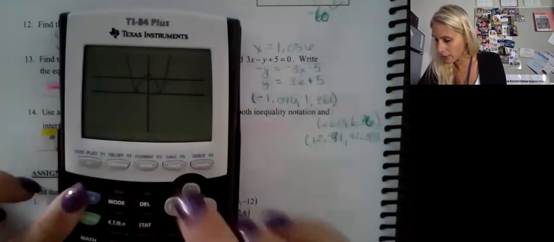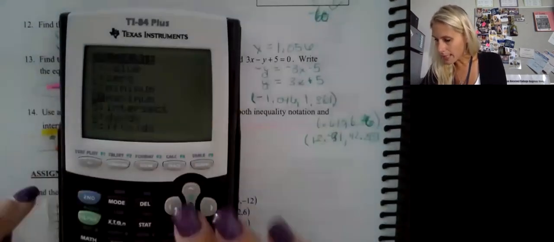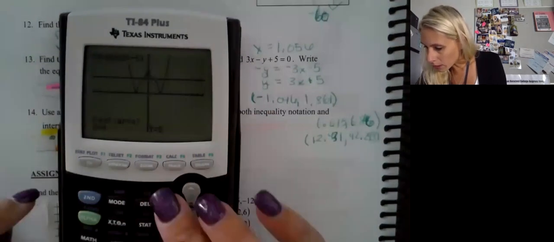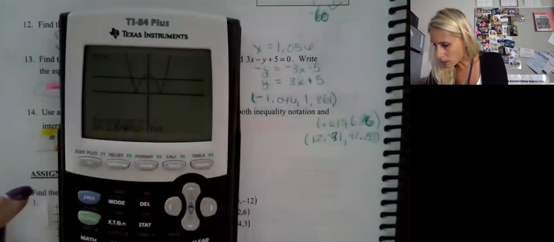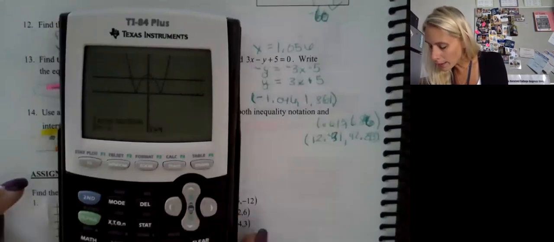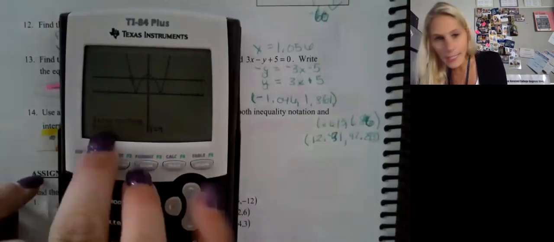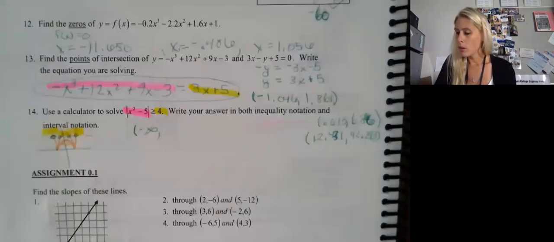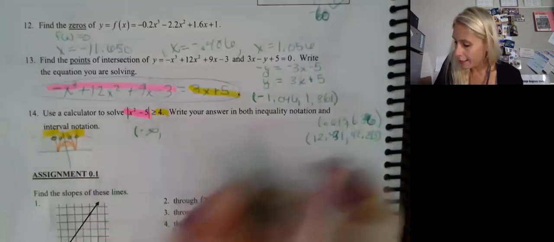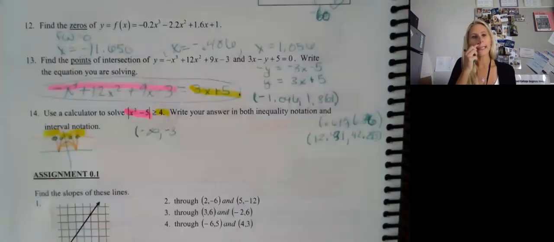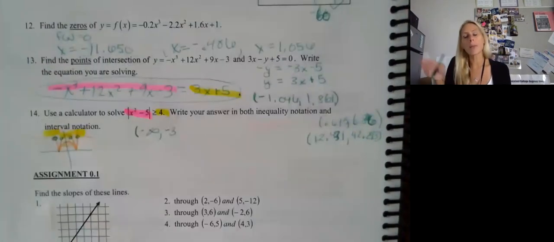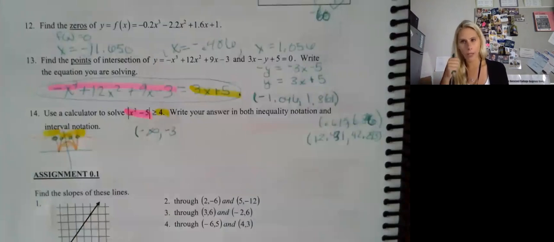So second trace, intersect. Going to get close to that intersection. 1, 2, 3. And if you see, it says -3. So negative infinity to -3. Question is there a bracket or a parenthesis around -3? It is a bracket.